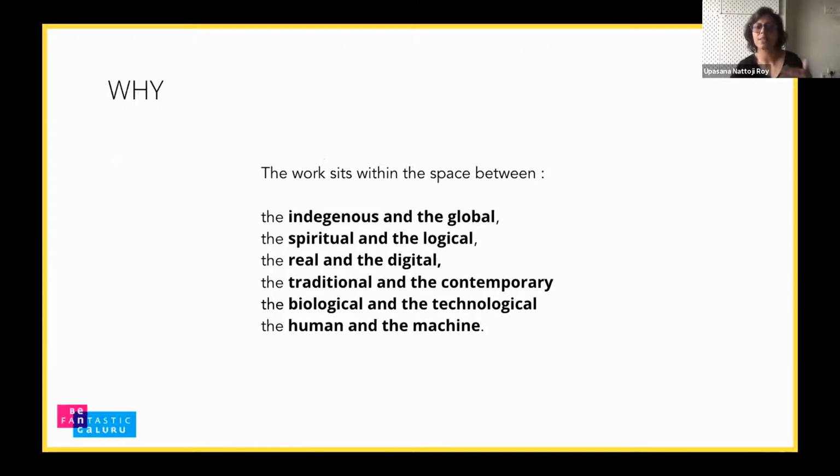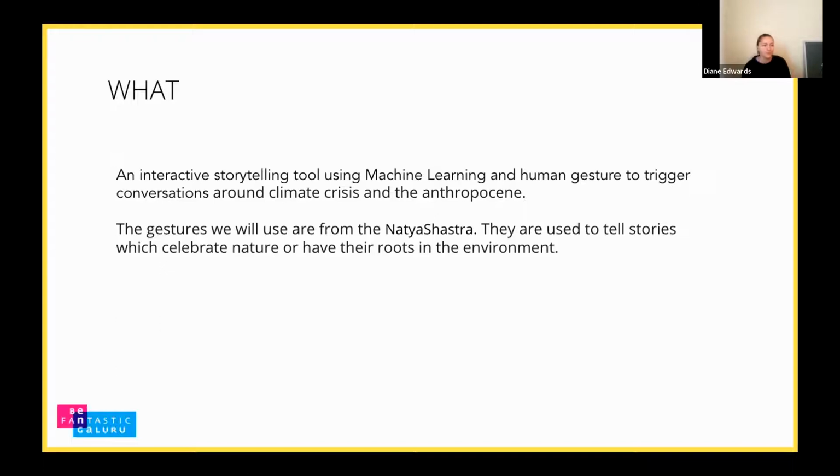So bringing together various aspects, like what you see on the screen. We felt that there's an urgency to preserve a diversity of language and storytelling practices, and wanted to play with that.